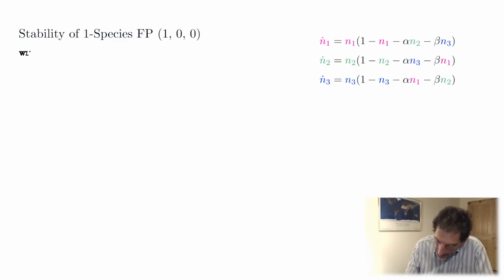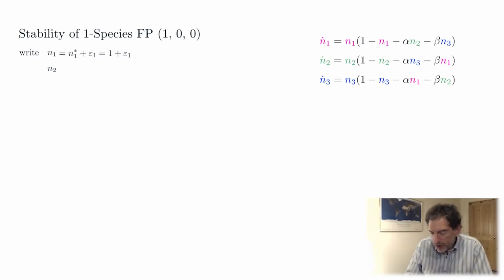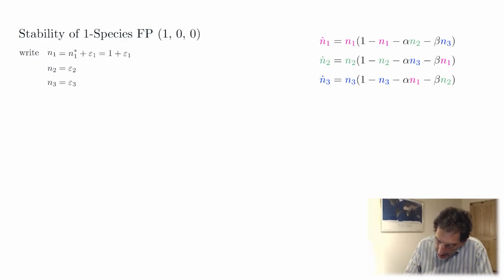So we'll write n1 is equal to n1 star plus epsilon 1, but n1 star is equal to 1, so 1 plus epsilon 1. And n2 is n2 star plus epsilon 2, but n2 star is 0, so this we'll write as epsilon 2. And n3 is equal to epsilon 3, where the variables epsilon i are intended to be small. And then we substitute into the equations of motion and see what we get.